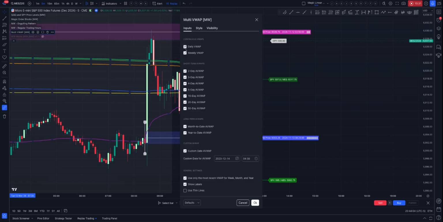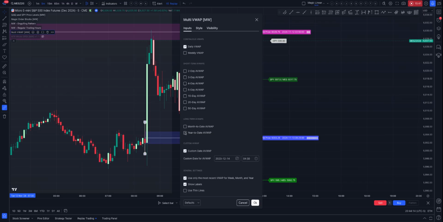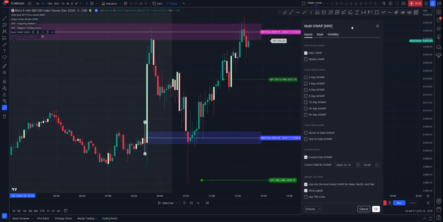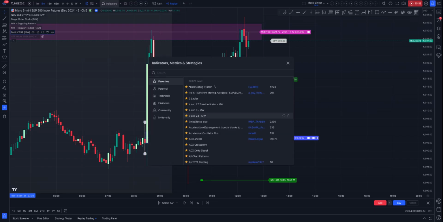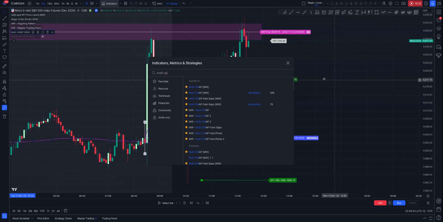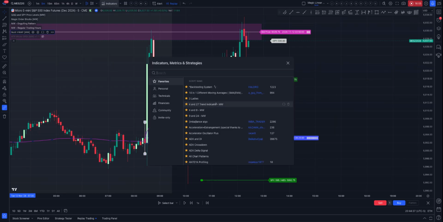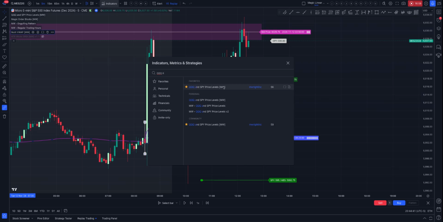So sometimes I'll use just the regular old TradingView provided VWAP, but I can also use the multi VWAP tool, multi VWAP MW, and you can search for that by just typing in multi VWAP MW, selecting one by MRite Inc. Just like with QQQ and SPY price levels, you can go here, select that by typing QQQ and then for the magic order blocks, the same deal.